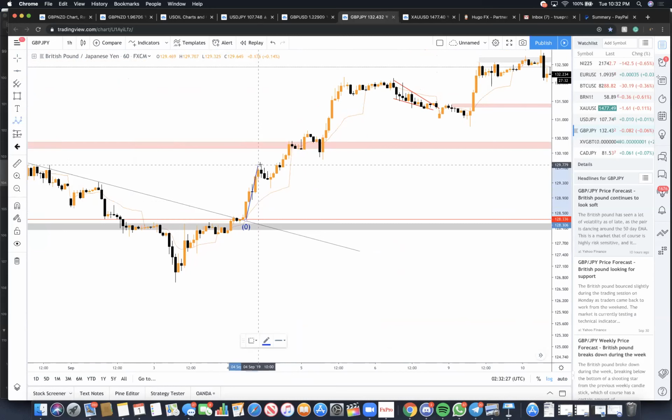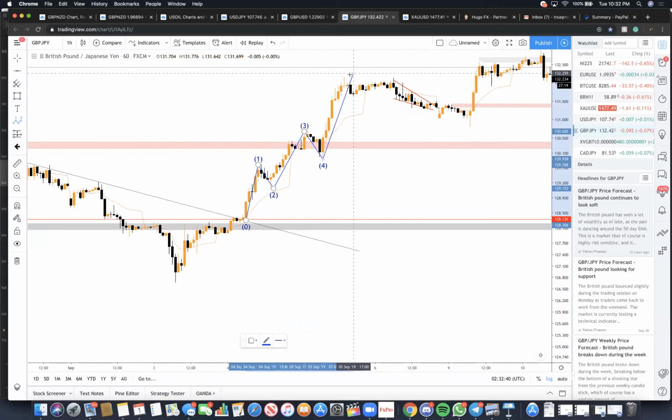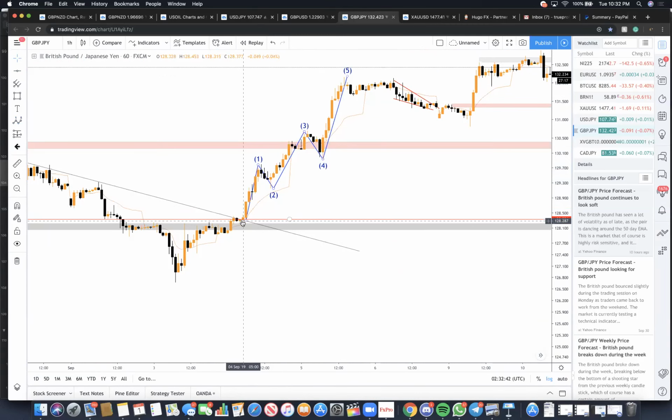So here's my first move to the upside, right? That's my first move. The market came back, retested, made another move to the upside, came back, retested, and made a last move here. So we see here the first move to the upside, the market came back down. The third wave was larger than the first wave.